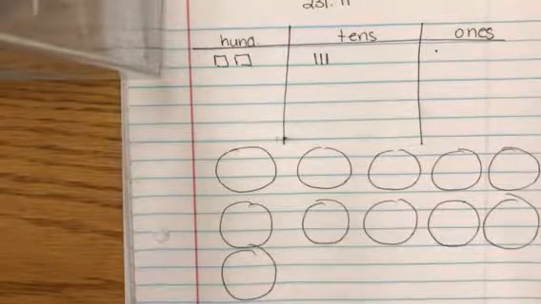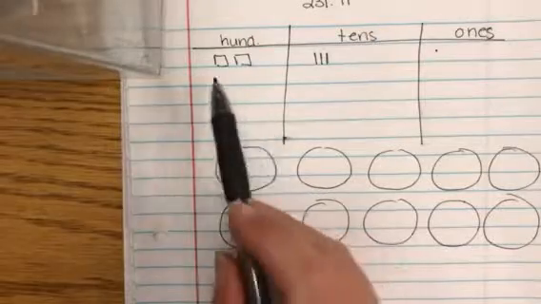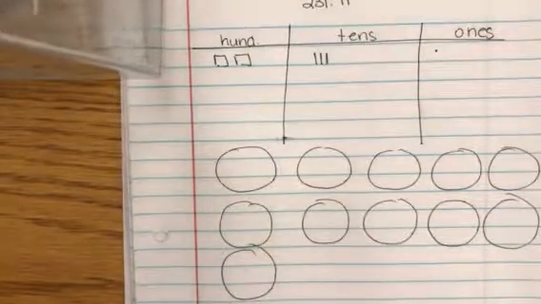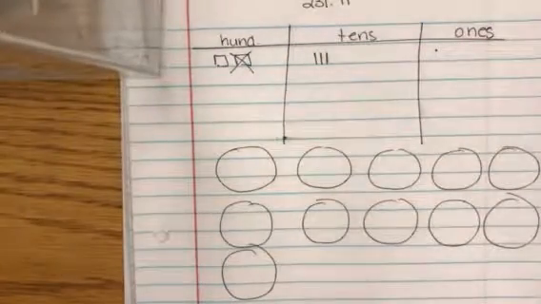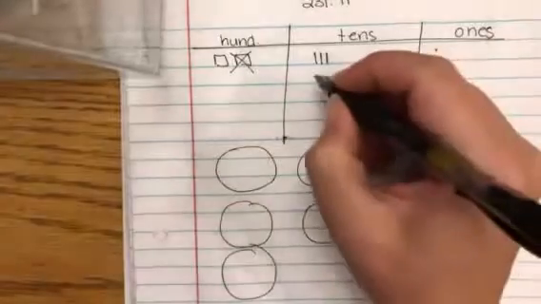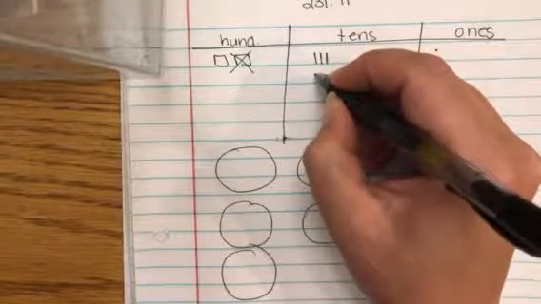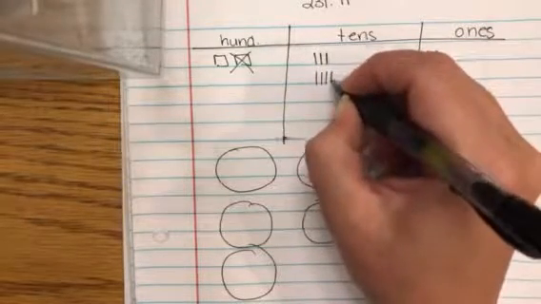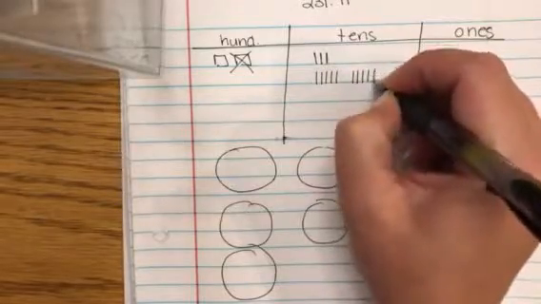Okay, so I have to start sharing. When we start sharing, we always start sharing over here in the hundreds. I only have 2 of these, so I can definitely not share them evenly. So I'm going to cross off when I trade. I cross off when I trade. So I'm going to trade it for tens. How many tens fit into 100? 10. 1, 2, 3, 4, 5, 6, 7, 8, 9, 10.